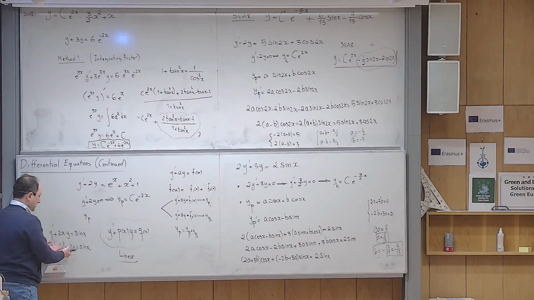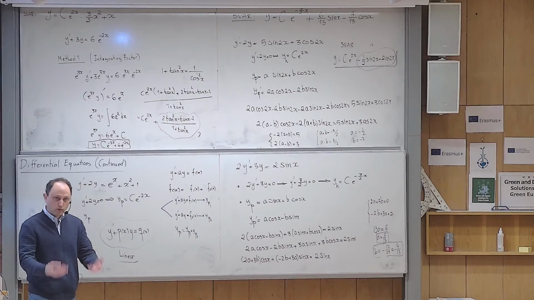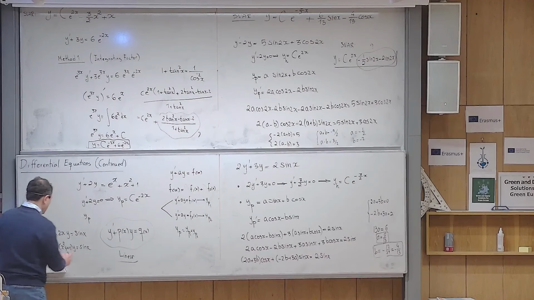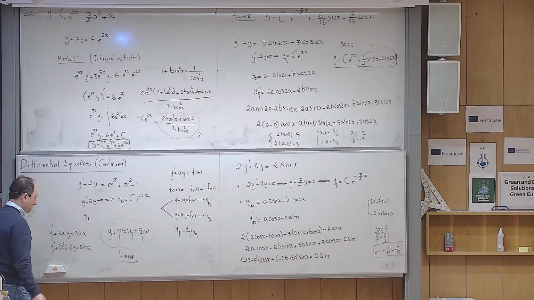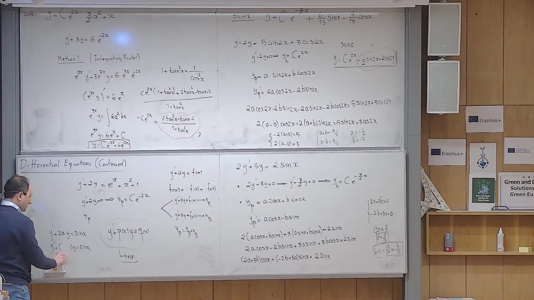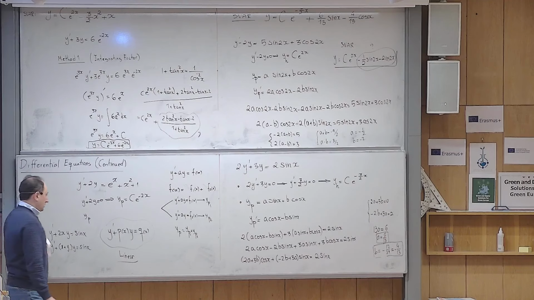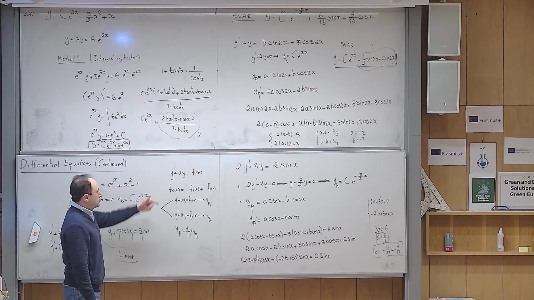But if at least one of these coefficients depends not only on x, but also on y or y prime. I mean, if you want, you can write y double prime here. Of course, that is not a first order differential equation. So you can write something like x plus y, for example. This is not a linear differential equation. Okay, so this is something that you need to know.